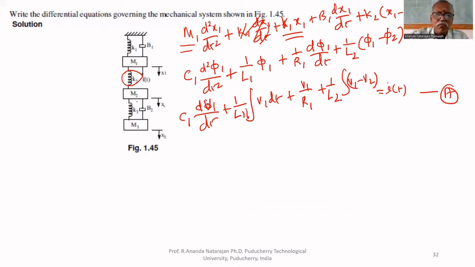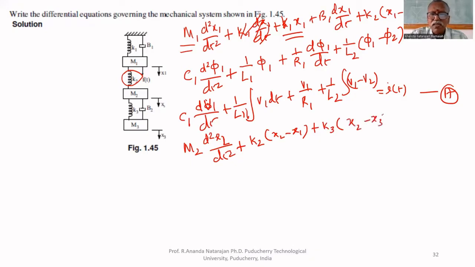The same way we can write for mass 2. M2 d square x2 by dt square plus K2 x2 minus x1 plus K3 x2 minus x3 plus B2 dx2 by dt of x2 minus x3 equal to 0.